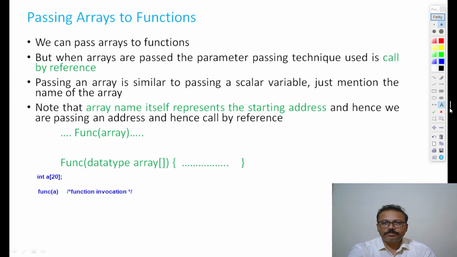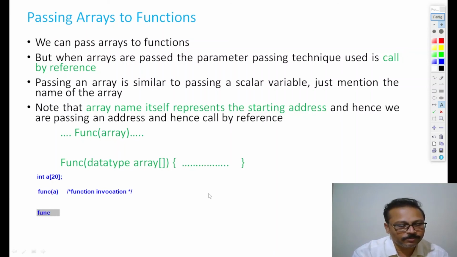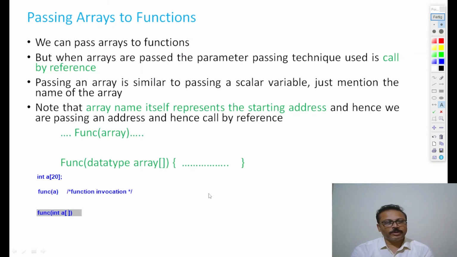Within the function definition, what do you have to write? Func, the same function. Say if it is integer, the name of the array, that is A, and you have to specify the square brackets. This is how you have to do it.